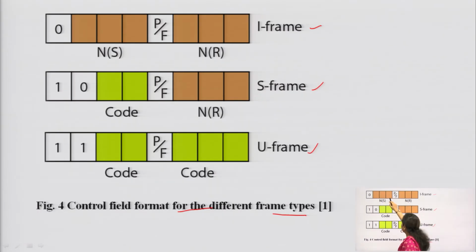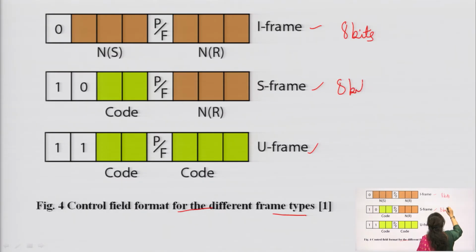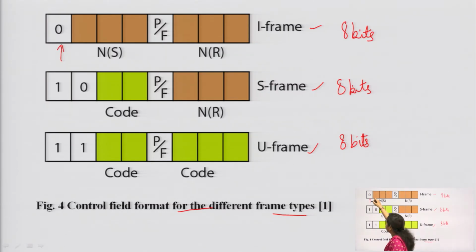This is 8 bits of information, this is also 8 bits, and this is also 8 bits. The first bit of the I frame will be 0.